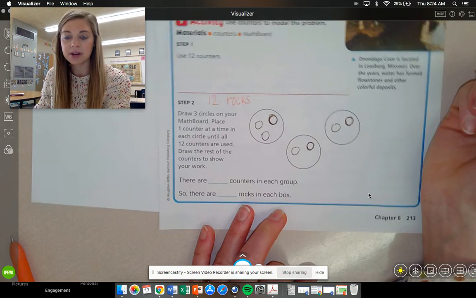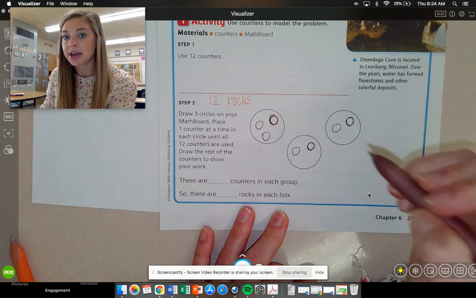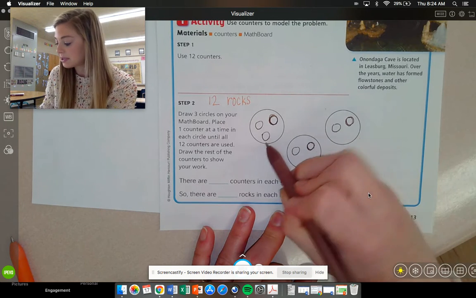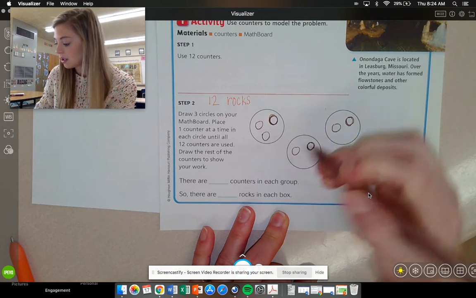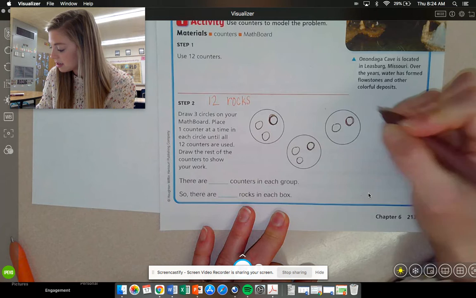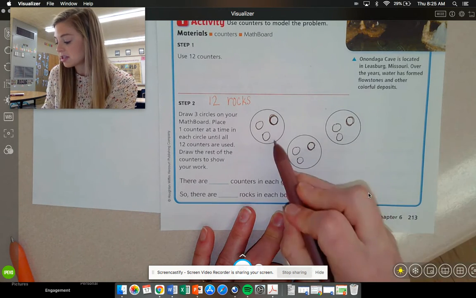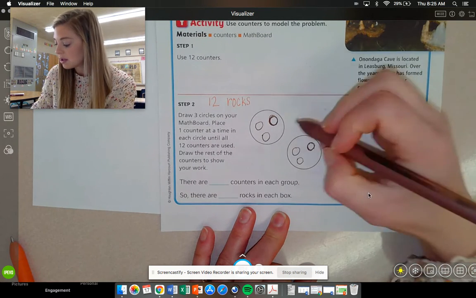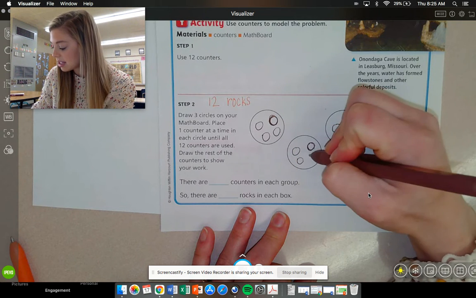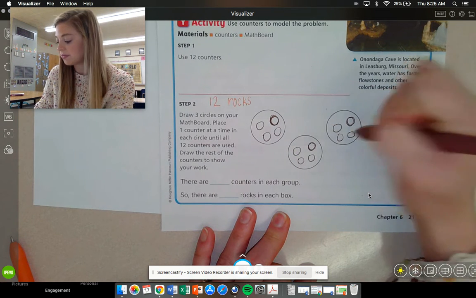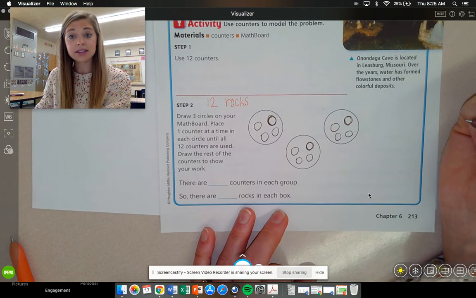Are you with me? I'm putting 1 in each group until I get to 12. So that was 7, 8, 9. Not to 12 yet, so I have to go back to the first group. 10, 11, 12. I got to 12.